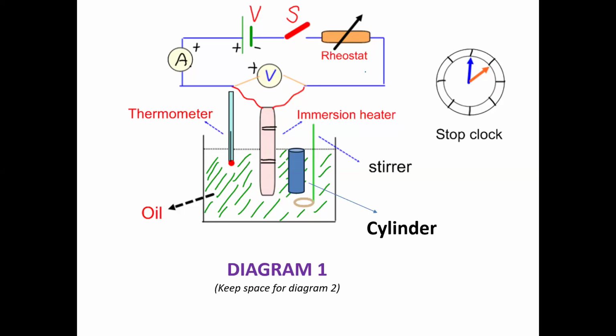Hassan, have you copied it? Oil is a medium for heating. If you do not have oil, then you have to heat the metal directly. Heating a metal directly is a bit dangerous because the metal can be strongly heated. Just like in cooking, we use water. So oil is a medium for heating.